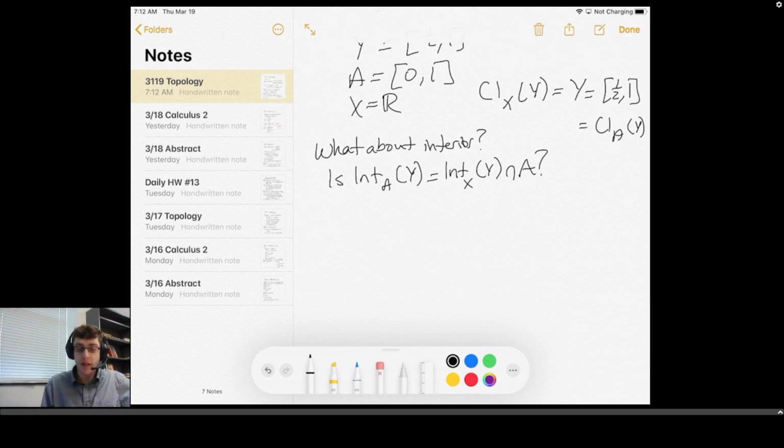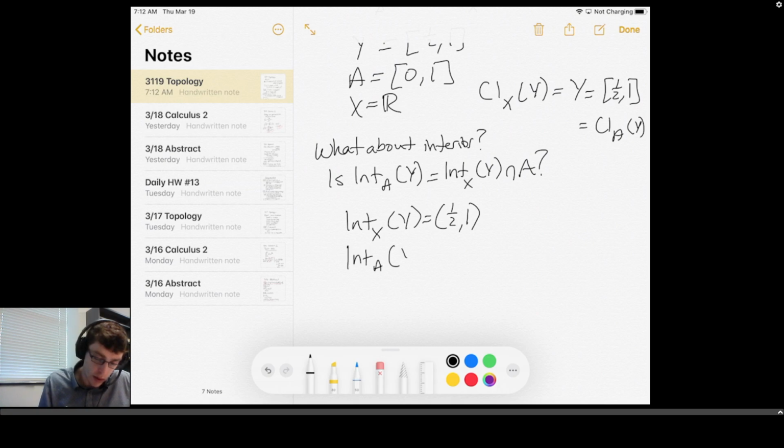So using the same example, the interior in X of Y is 1/2 1, right? We just remove the endpoints. That's easy. We know how things are on the real line. What is the interior in A of Y?